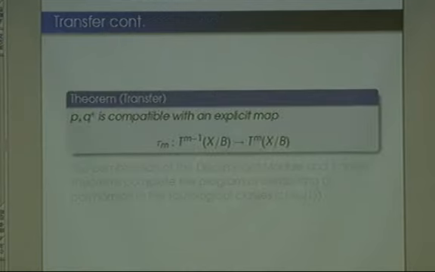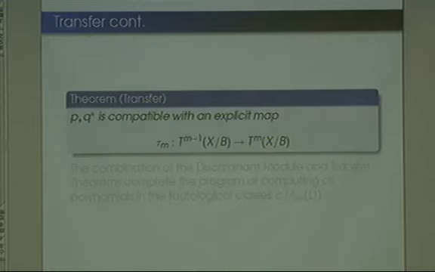So the result is that there is a transfer map in the understanding of the tautological module. You can carry one of these generators over from degree m to degree m minus 1, pull back and push forward, and the result is still a linear combination of analogous generators. Not only that, in fact, in an explicit sense, with explicit coefficients.